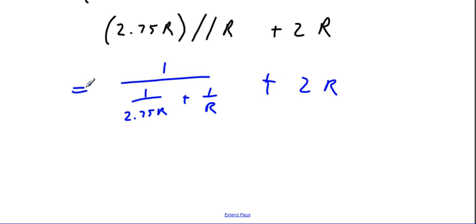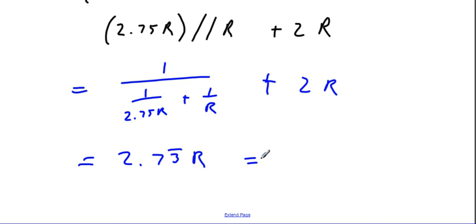Alright, so I've got 1 divided by 2.75 plus 1 equals, and then I want to go 1 divided by the answer. Okay, so I'm going to end up with 2.73 repeating R.